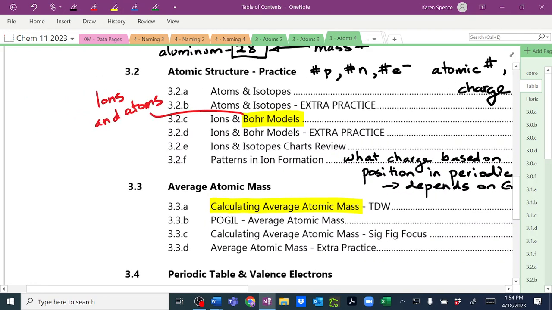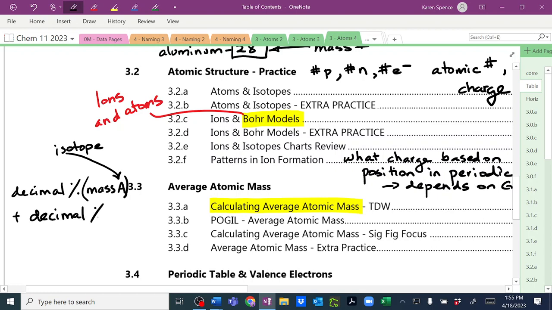Okay, and I don't know if you remember, that is you take your decimal percent and you multiply it by the mass of isotope A. And then you add that to the decimal percent times the mass of isotope B. And then you do that however many more times, depending on however many isotopes you had, you add them all up, and that gives you your average atomic mass.